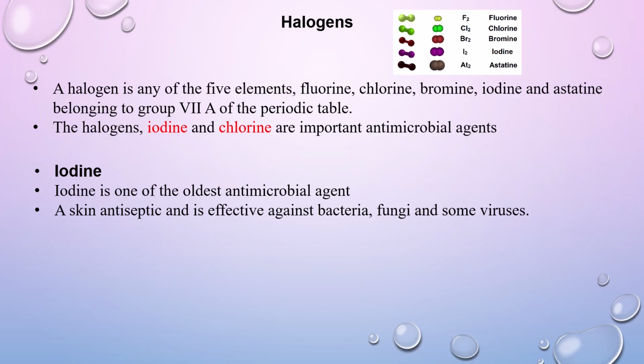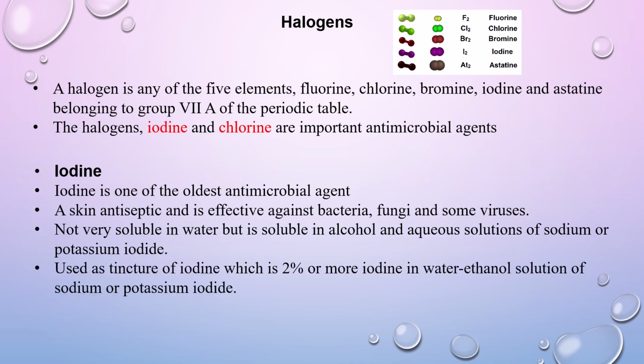Iodine is not very soluble in water but is soluble in alcohol and aqueous solutions of sodium or potassium iodide. It finds its use as tincture of iodine, which is 2% or more iodine in a water-ethanol solution of sodium or potassium iodide.